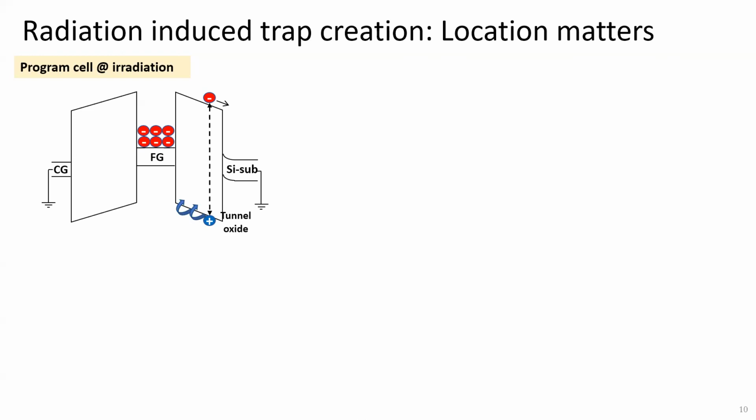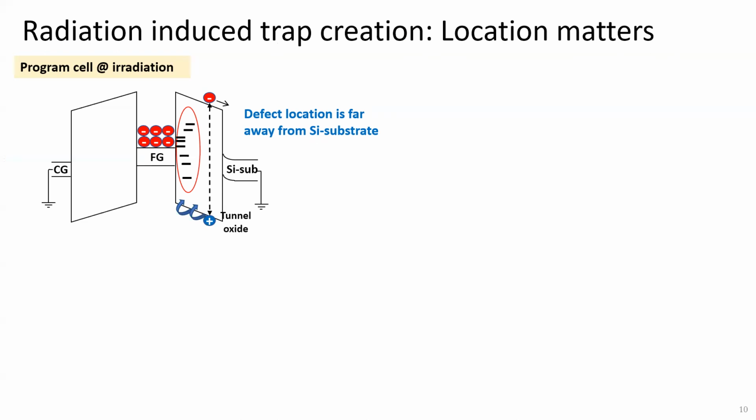The electric field pushes them there, and as a result defects are created closer to the floating gate. The silicon-oxide interface at the substrate is the more critical location. If defects are created there, it will cause a lot of noise, and degradation in mobility and other device performance. So the location of defects is very important.